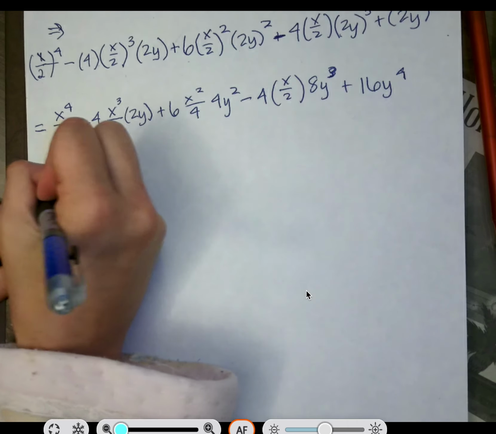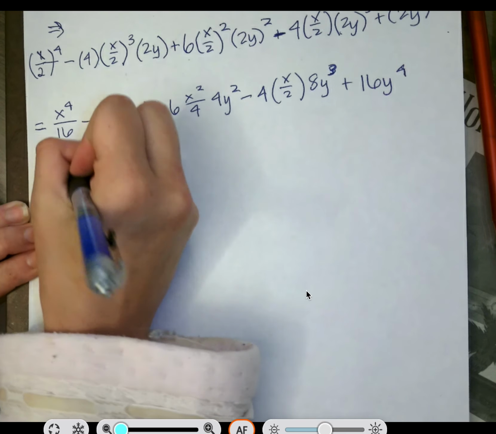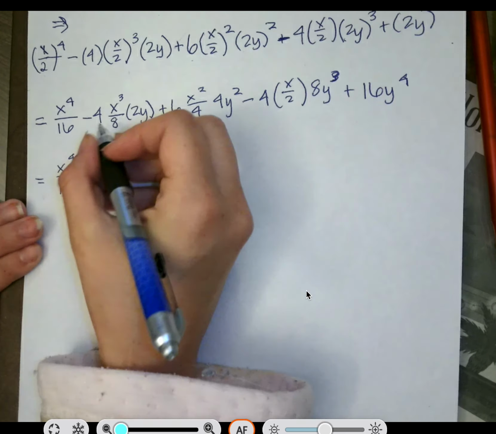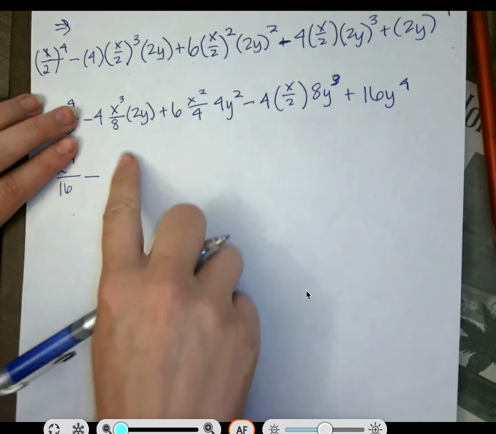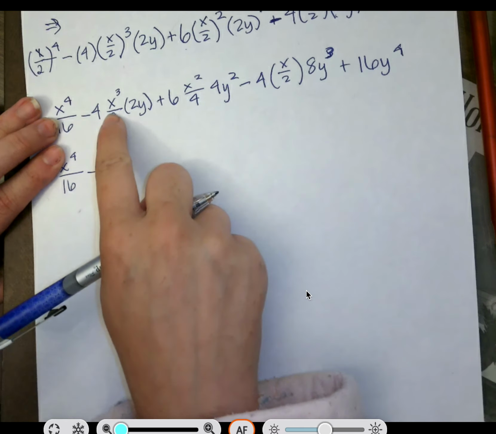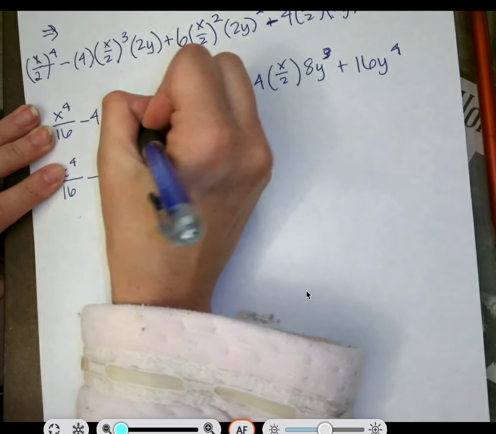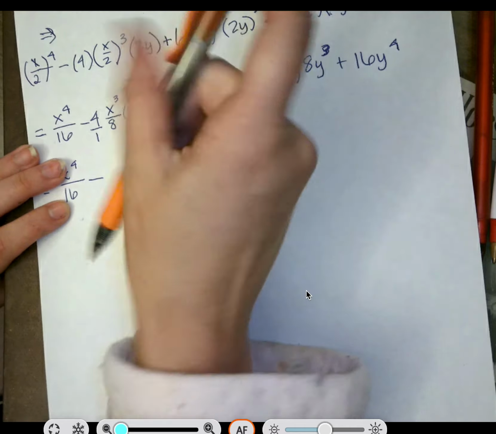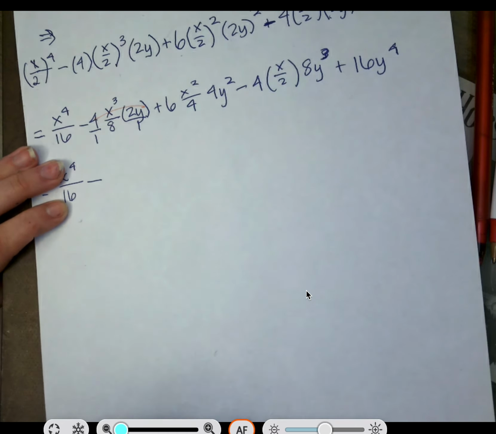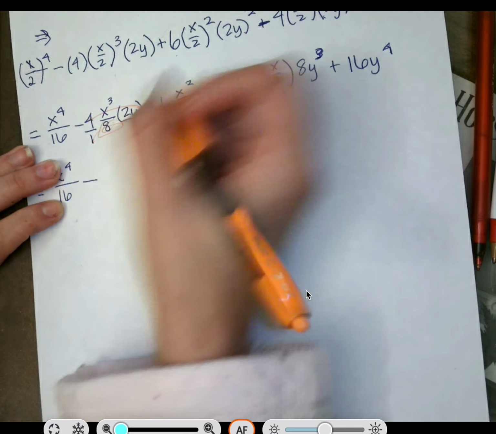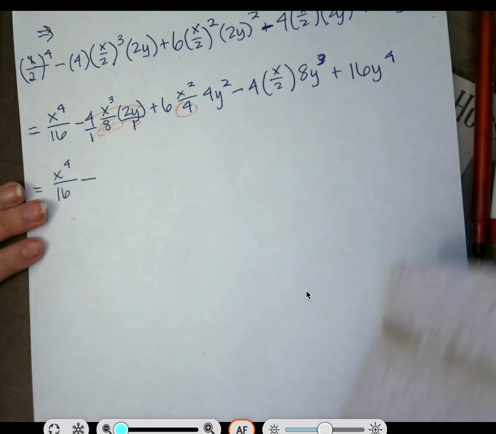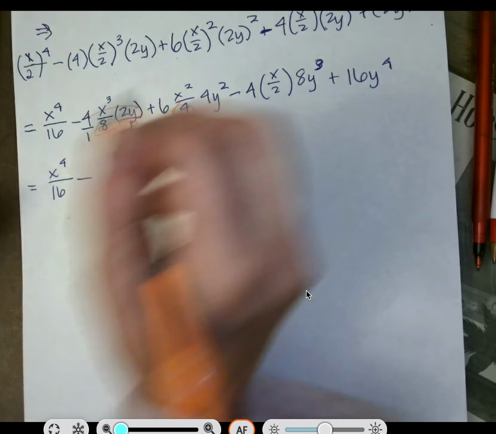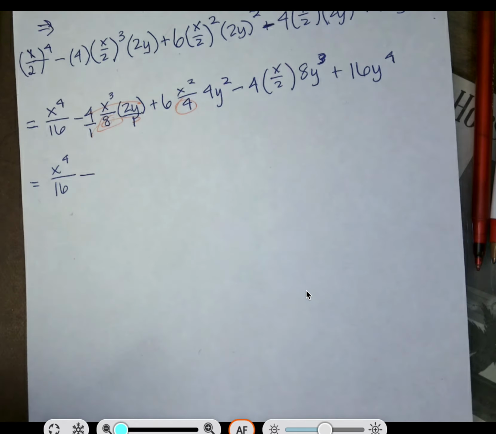All right, can we simplify it anymore? Yes, x to the 4th over 16, change stays the same, minus, now we have 4 times x cubed, because remember, this is the same as over 1, and you multiply straight across. So you can combine all the top and just keep what's on the bottom, unless you have two fractions, you know, and technically you do, it's just over 1.